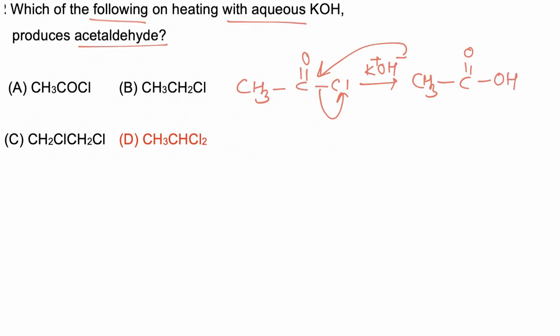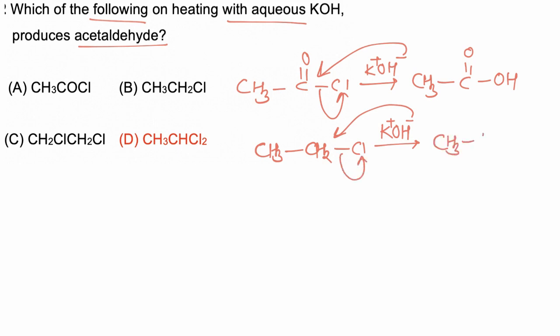So acetic acid is formed in the first case. Now in the second case, when CH3CH2Cl is taken, again KOH acts as nucleophile, OH negative will replace Cl negative, so CH3CH2OH, ethyl alcohol, is formed as a product.